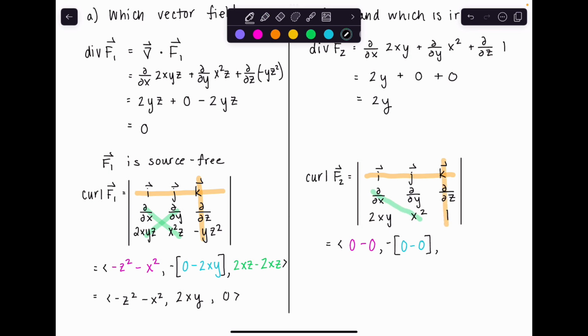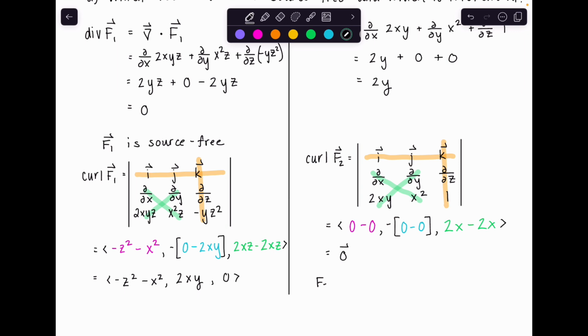Partial with respect to x is 2x. And then partial with respect to y is also 2x. So thankfully, this does end up equaling the 0 vector. So F1 is source free. F2 is the one that's irrotational.